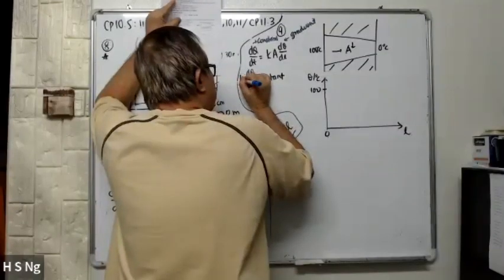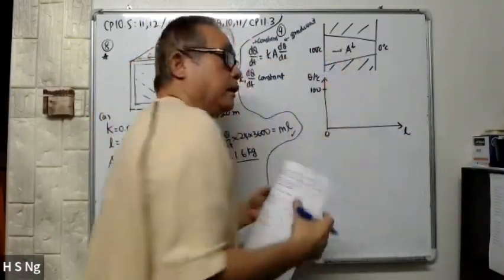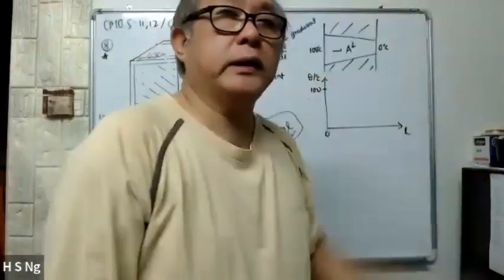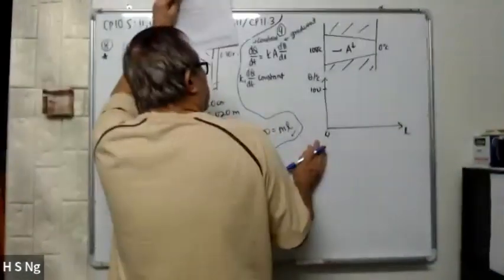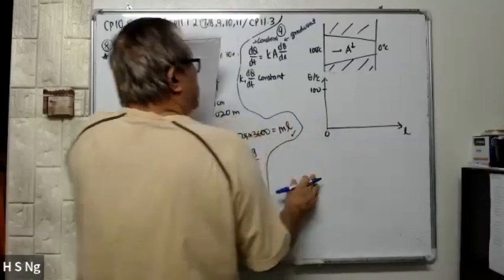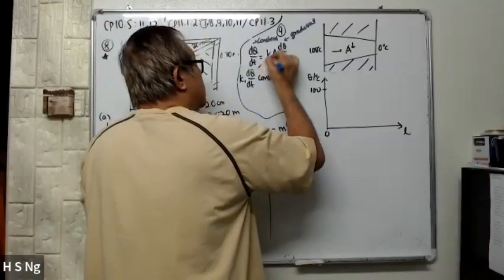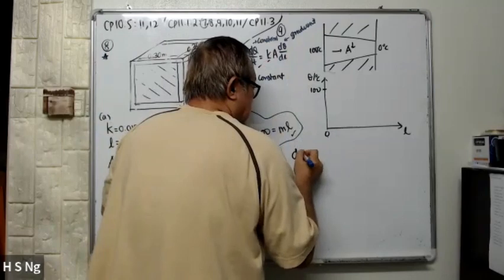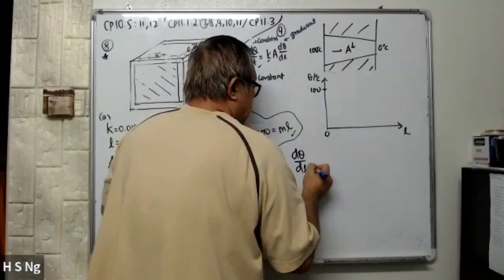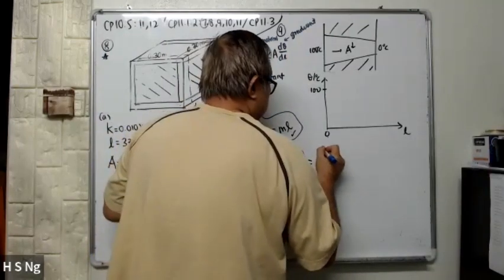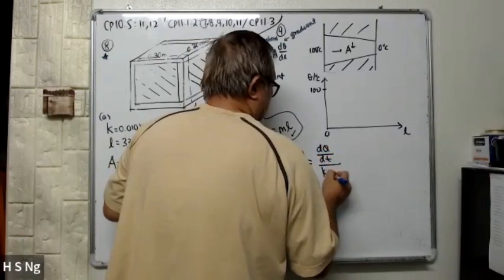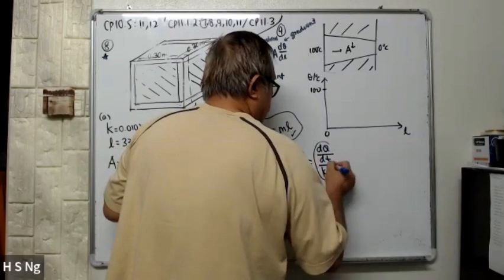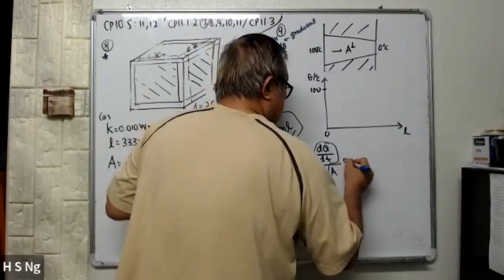K is also constant because K only changes when the change in temperature is huge. So this is what you get. This is constant, this is constant, so your d theta per dl will be like that. In the exam no need to write this, just write like that.